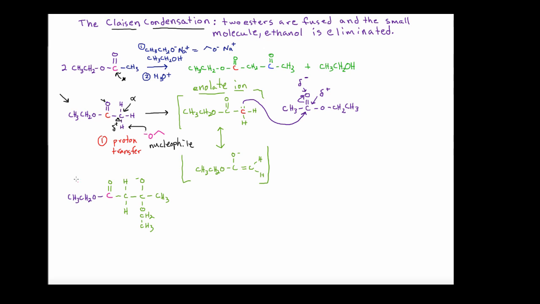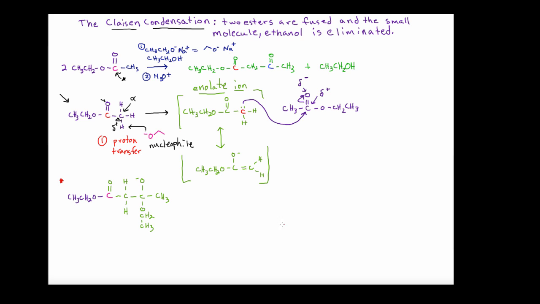Everything that we've done up to this point, the viewer needs to realize in terms of equilibrium, is favoring the reactants. It's only in this next step where we undergo the acid wash that utilizes Le Chatelier's principle to literally drag this reaction to the right.